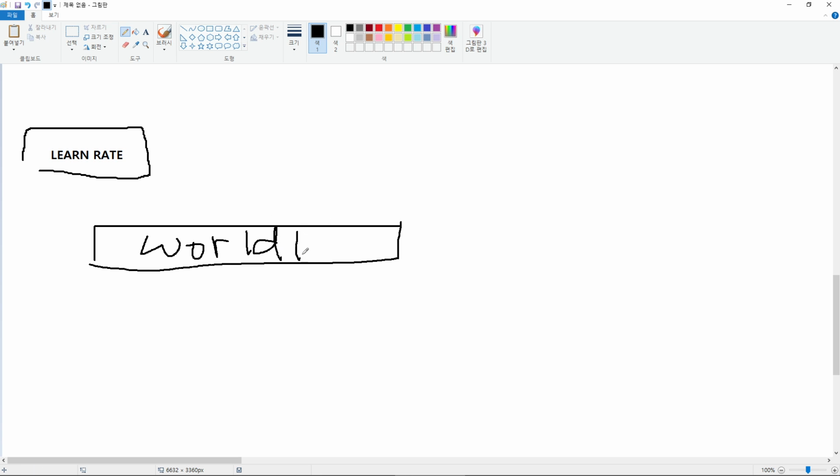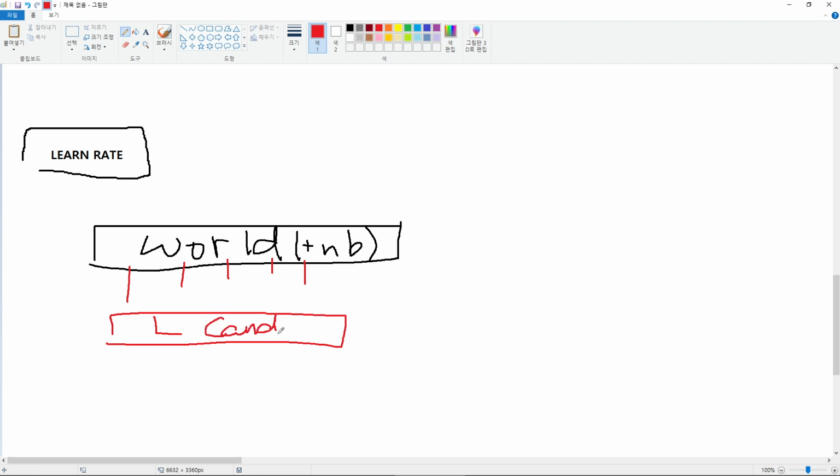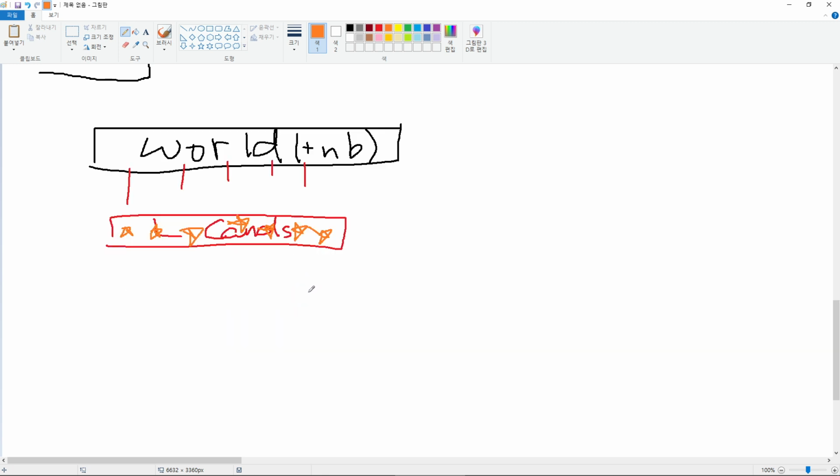Okay, suppose we have the world already with the newborns added, and suppose that a certain percentage or a certain number of entities were picked as learning candidates. And each of these entities in the group called learn candidates would have a different learn rate.